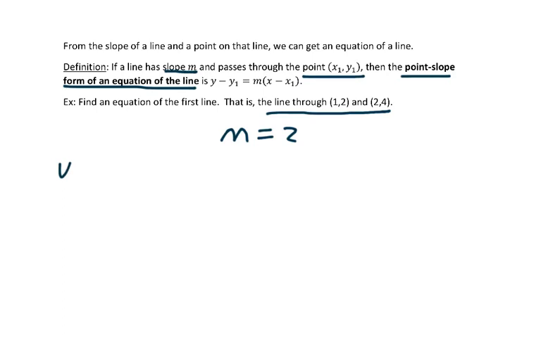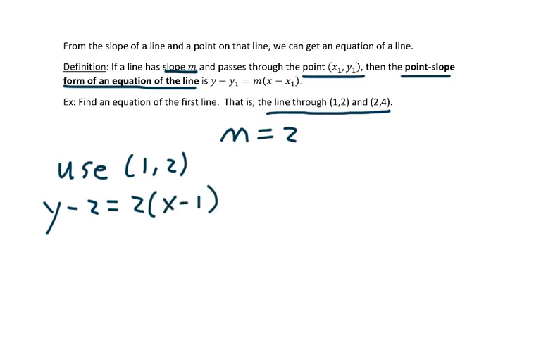So in this case, I would have y minus 2 equals 2, this 2 is the slope, times x minus 1. Y minus the y coordinate equals the slope 2 times x minus the x coordinate.